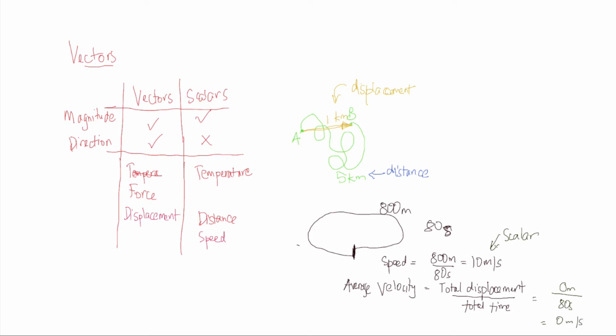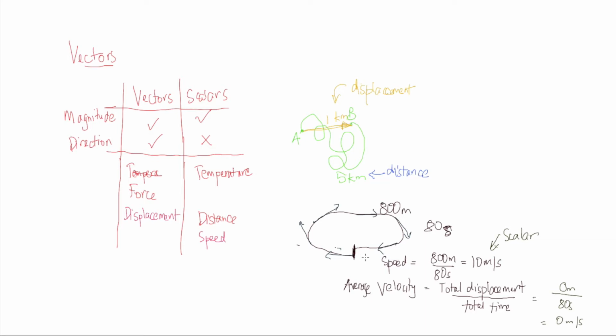Of course, while I'm moving, my velocity is constantly changing, right? Because while I'm here, I'm probably running in that direction, and then around here, I'm running that direction. So the so-called instantaneous vectors, which I'm showing here in the dark blue arrows, are changing, but the average velocity isn't.